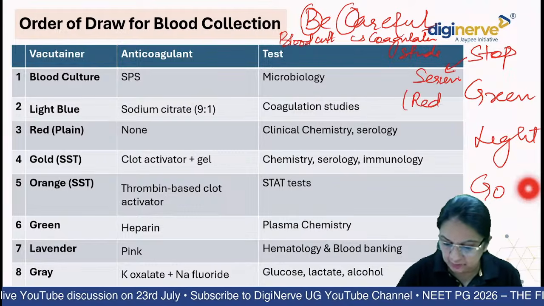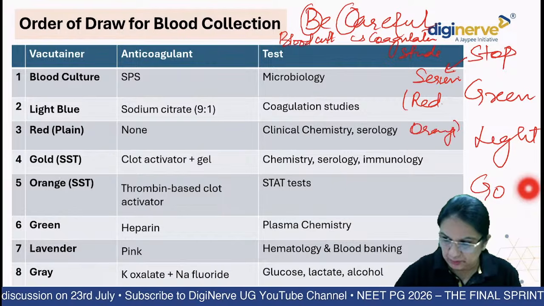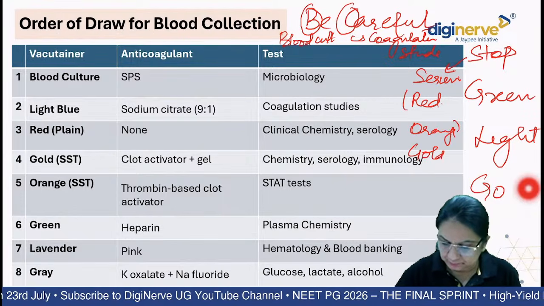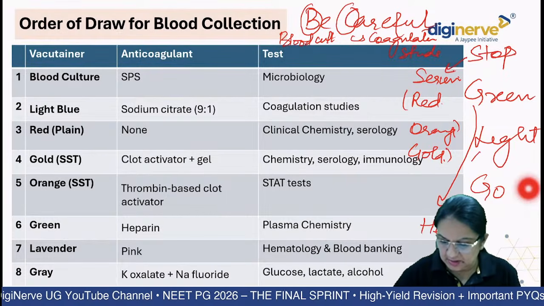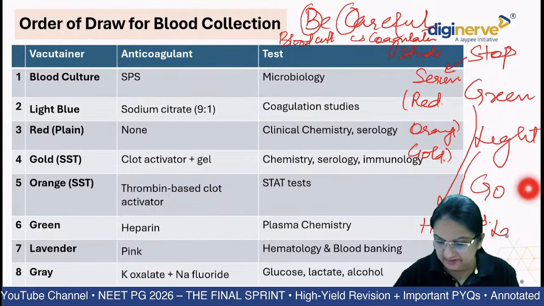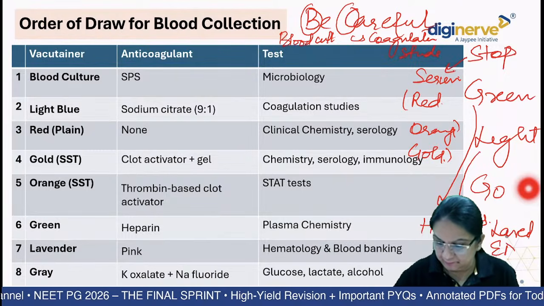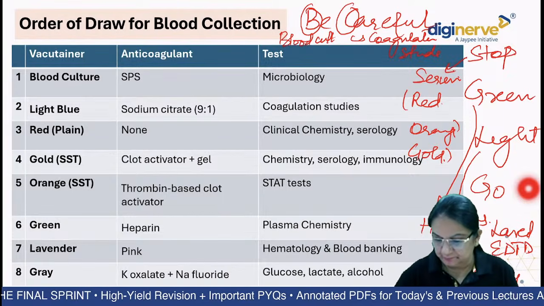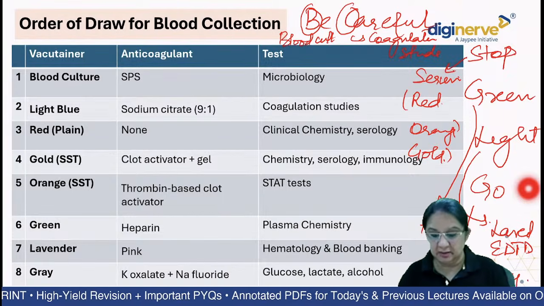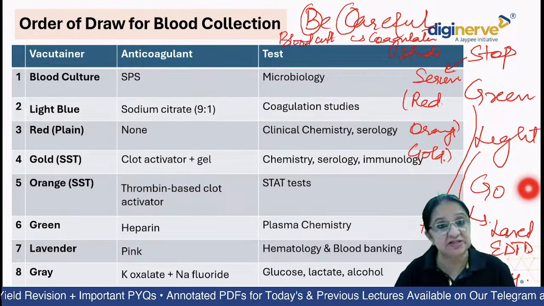Red, orange, gold. Green is heparin. L is lavender or EDTA. Go is gray. Okay, first G is green, as the name suggests, second G is gray.